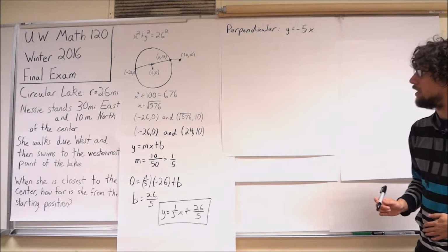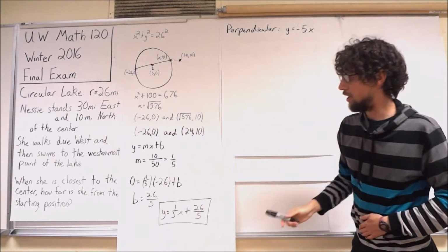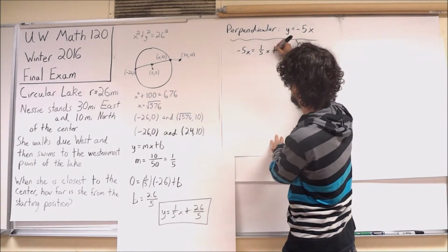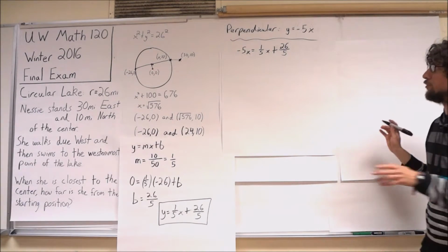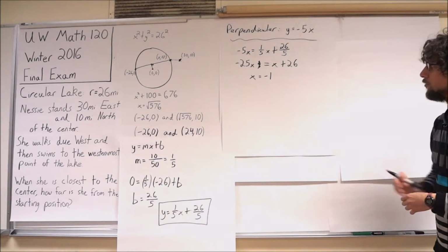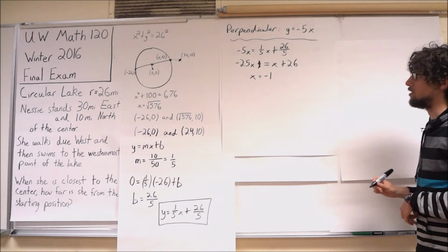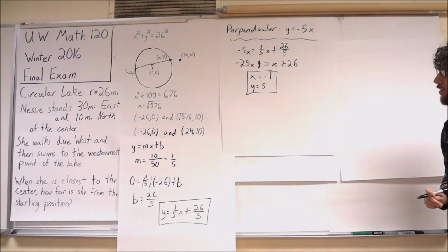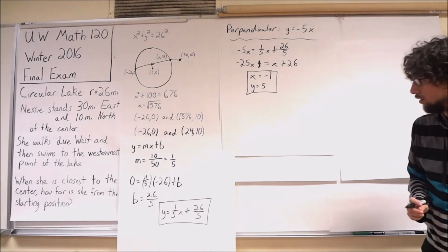So we can find this particular point simply by setting this line equal to this line. I'm going to multiply through by 5 to get rid of the fractions. So I find that x equals -1, and that means that y must equal 5. Let's make sure that this point actually is still on this line.